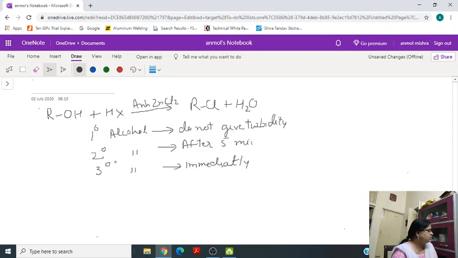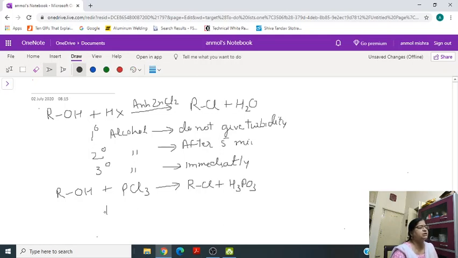Next is reaction with phosphorus trichloride. This also you have studied. When alcohol reacts with PCl3, it forms RCl plus H3PO3.